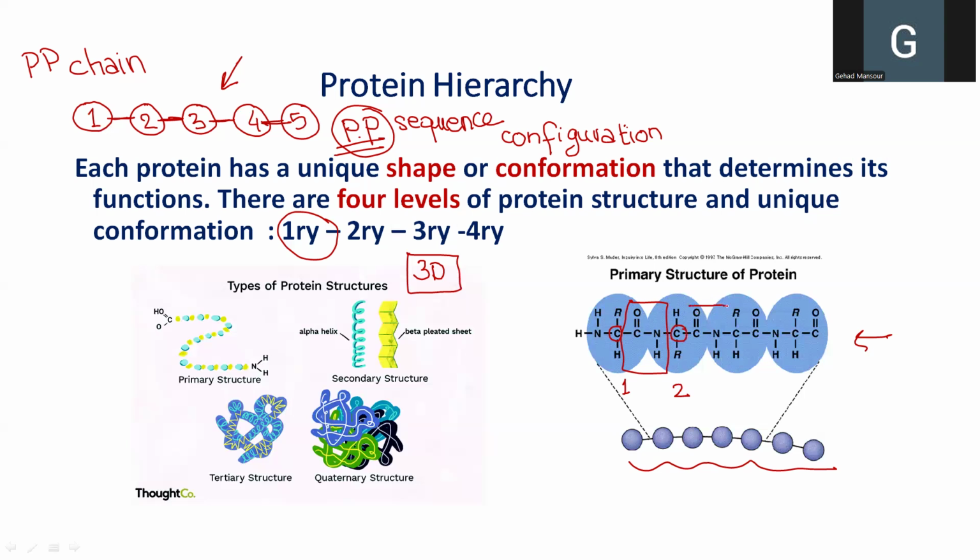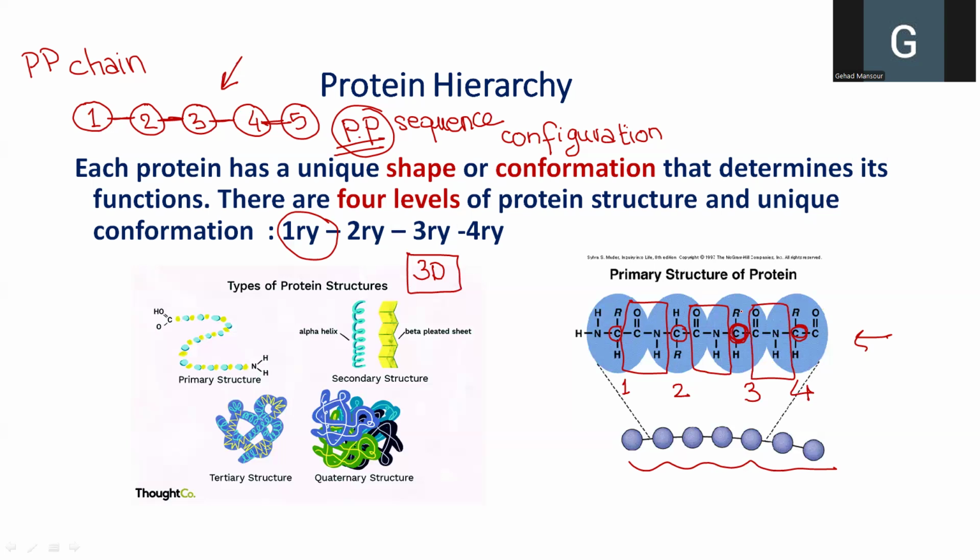Then we have a second peptide bond between the second amino acid and the third amino acid, whereas this one is the central carbon atom of the third amino acid. And this is the central carbon atom of the fourth amino acid, and in between them we have another peptide bond.